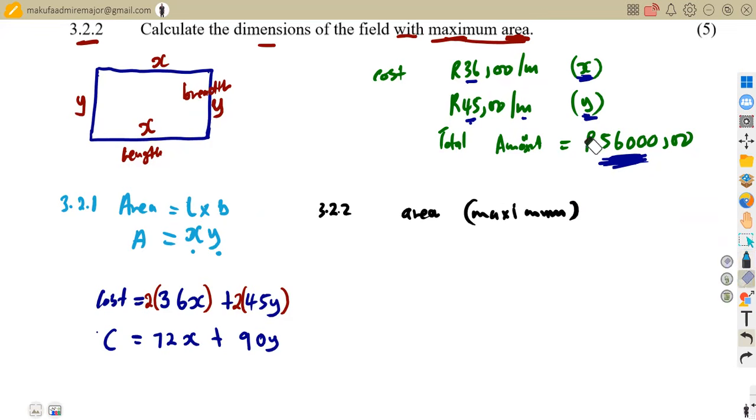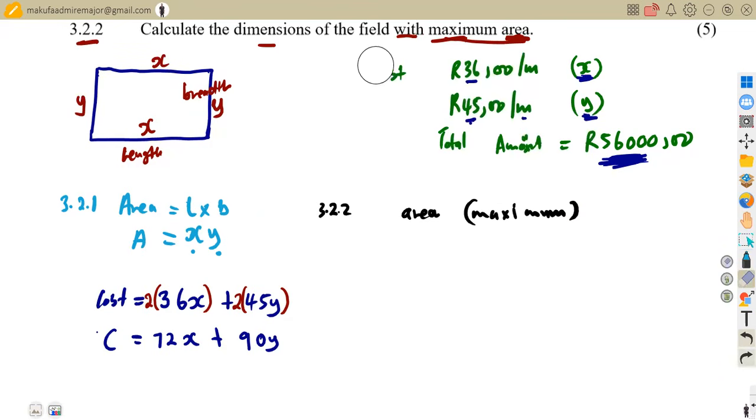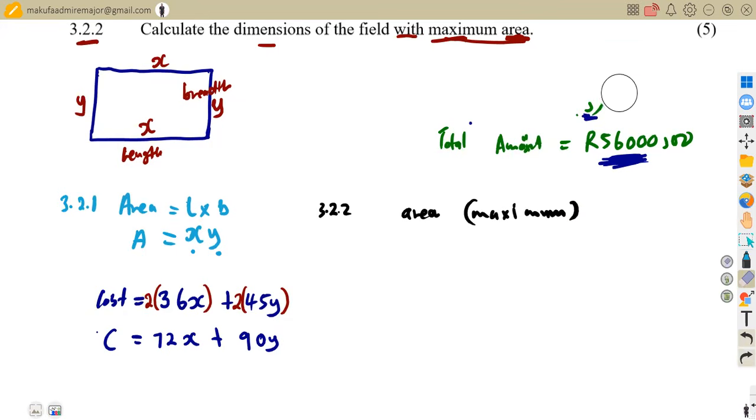So if we are to consider, this part is no longer important. All right, I just need this cost here. So if we are to consider from our previous case, we said our area is in terms of x and y. So how can we write this area in terms of x only or in terms of y only?